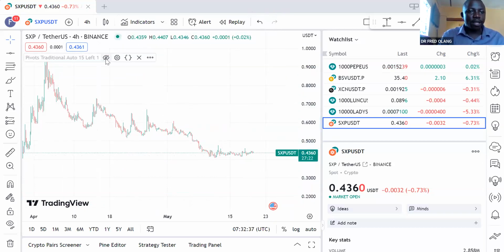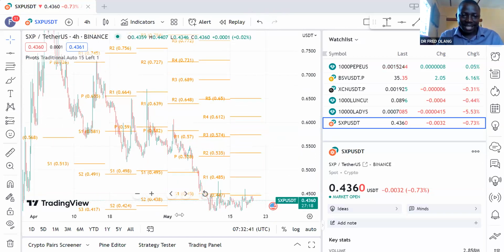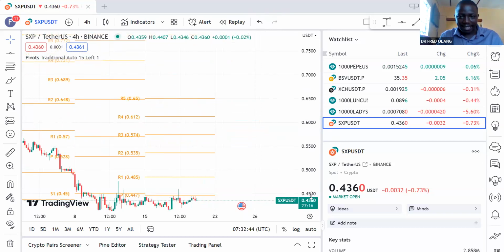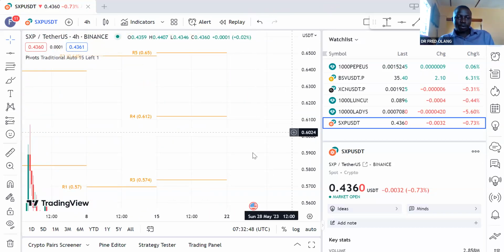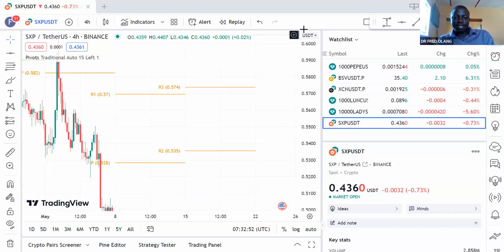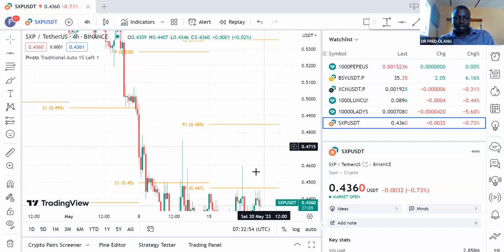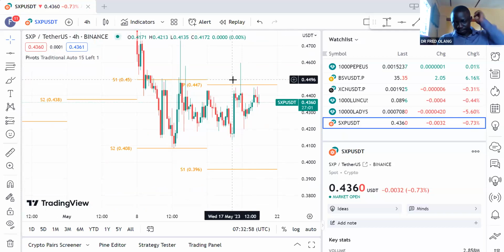Okay, so I want to put in my pivot points. Now I think those yellow lines are showing you that this is resistance. It will name this resistance according to the level. It will show you pivot.